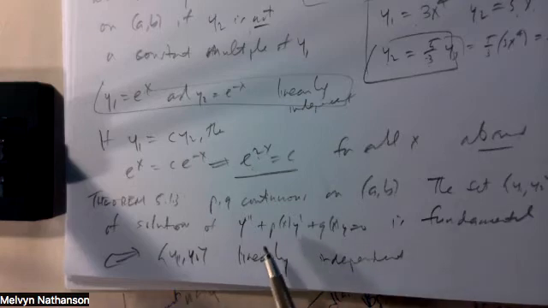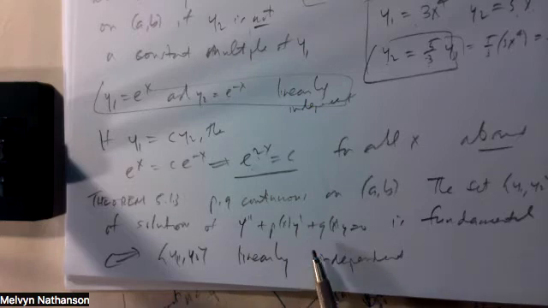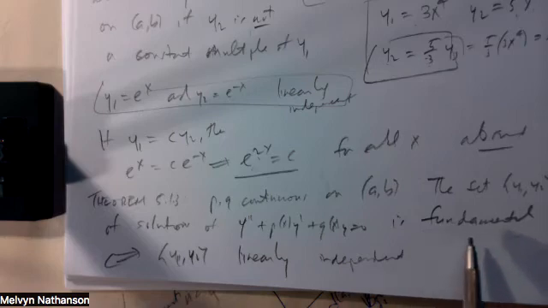So if you have a differential equation of this form, and you find two particular solutions, and you can show that neither of the solutions is a constant multiple of the other, then that pair of solutions is fundamental.